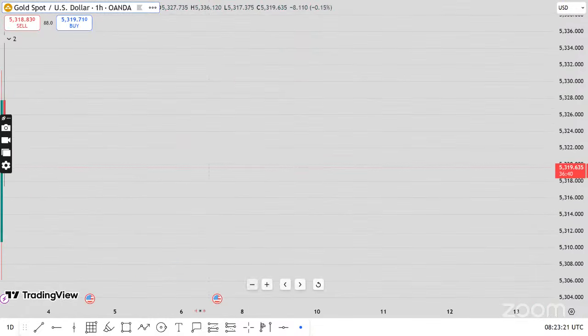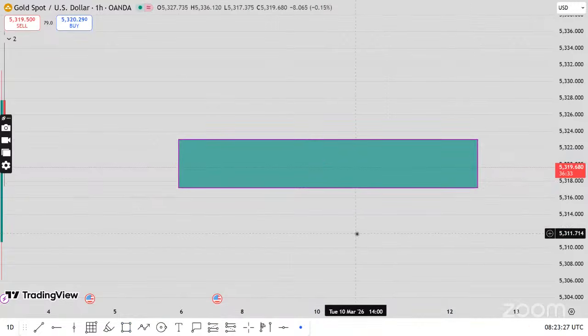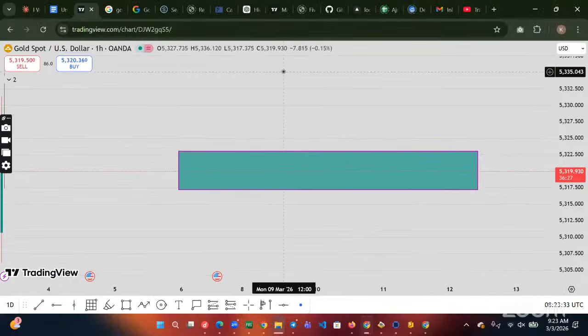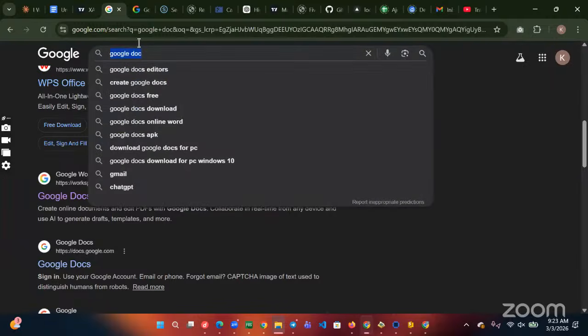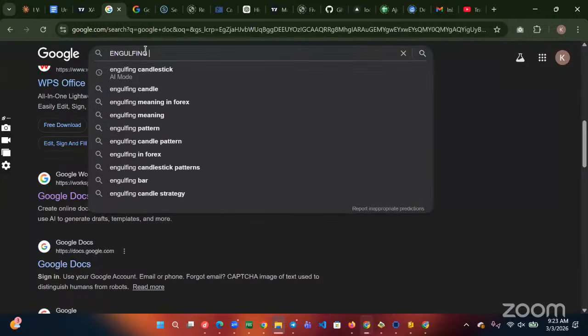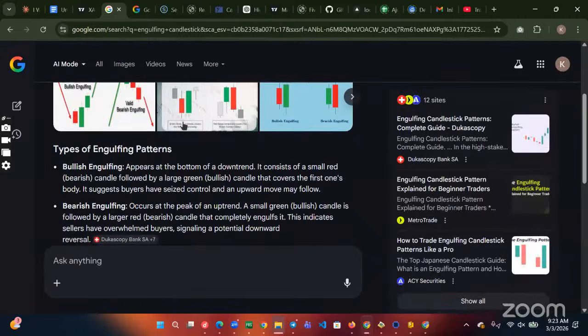For POIs, I like using the engulfing candles. The engulfing candles are so powerful because they act as a good place for price retracement. In case you don't know what an engulfing is, I'm trying to avoid teaching, but I cannot help it.